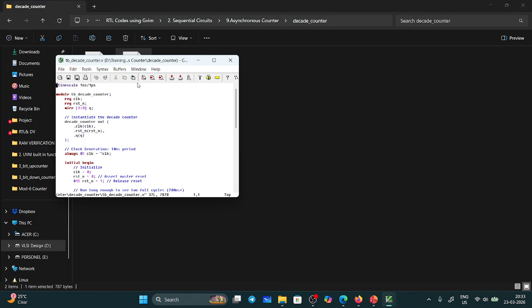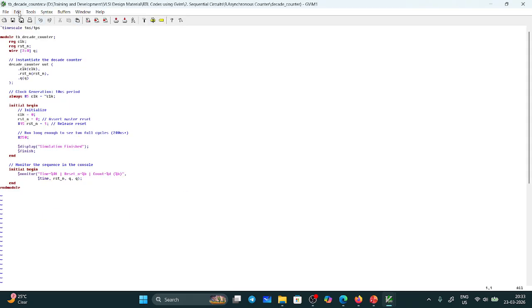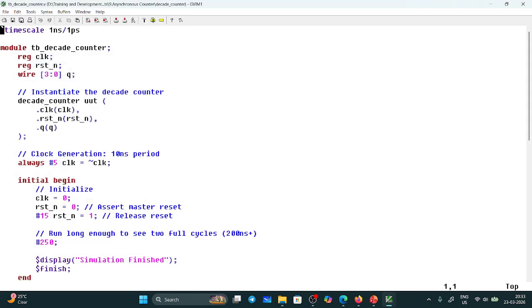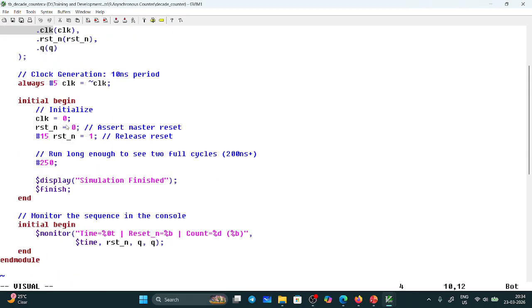Okay, and coming to this test bench, same thing. You need to follow 5 steps. Clock and reset_n we need to declare with reg data type, Q with wire data type, [3:0], 4 bit. Okay, I need to instantiate with connection by name and generate the clock. Clock I'm applying 0 and asserting the reset.